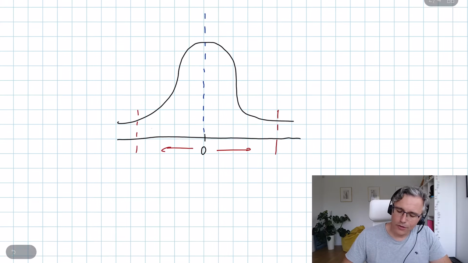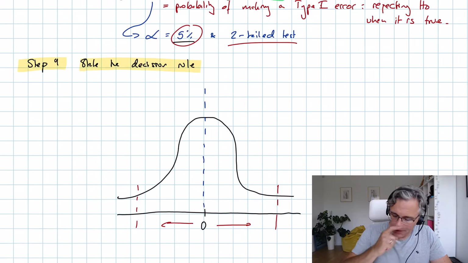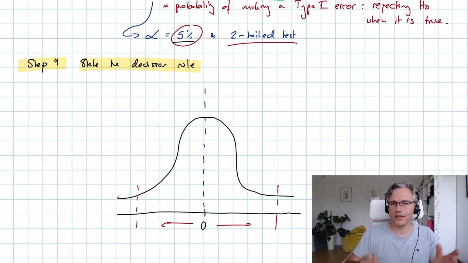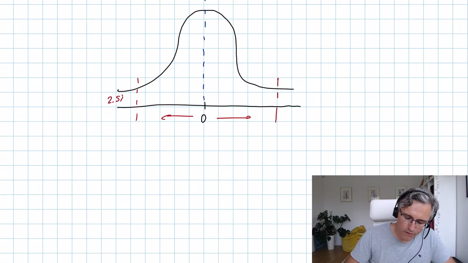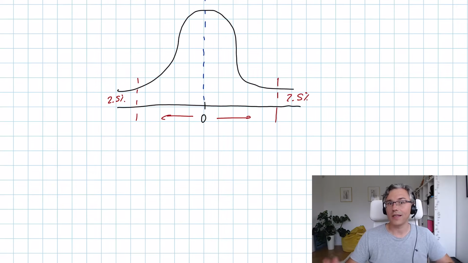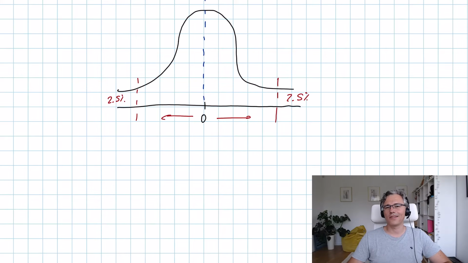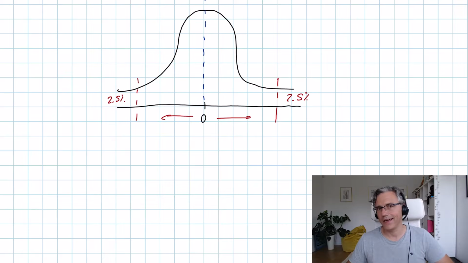But because we're doing a two-tailed test, I'm going to split that 5% into two halves and ask how far do I need to go from the center so as to have 2.5% probability left in either tail, which collectively gives me 5. If I were doing a one-tailed 5% significance level test, I would only care about 5% being stuck in the relevant tail, not in this case.